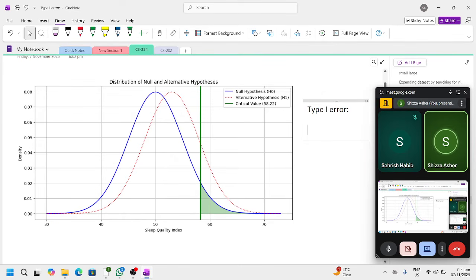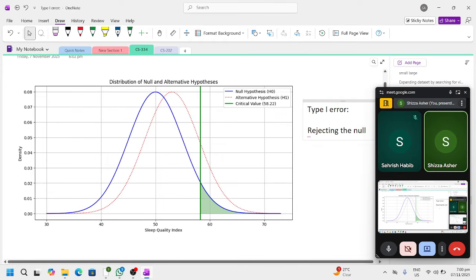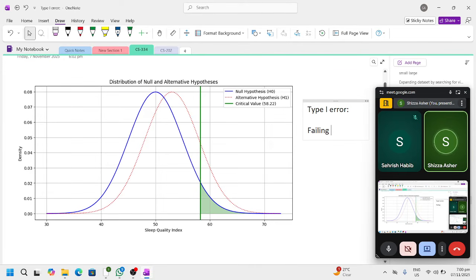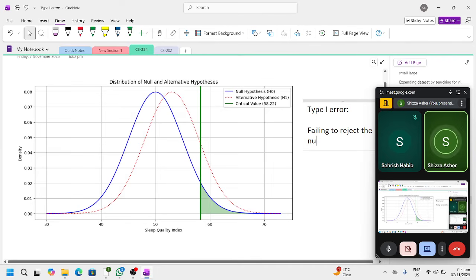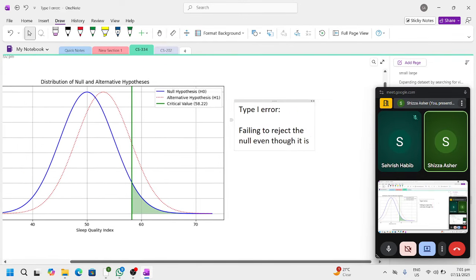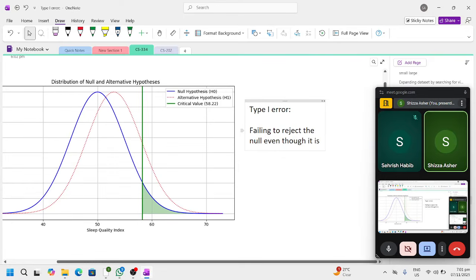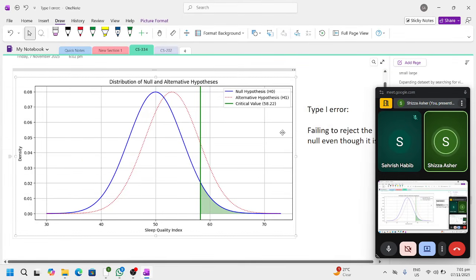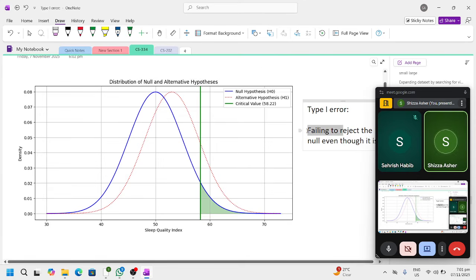So a type 1 error is, oh my bad, failing to reject the null even though it is, oh again, I wrote the type 2 error. So let me just correct this.